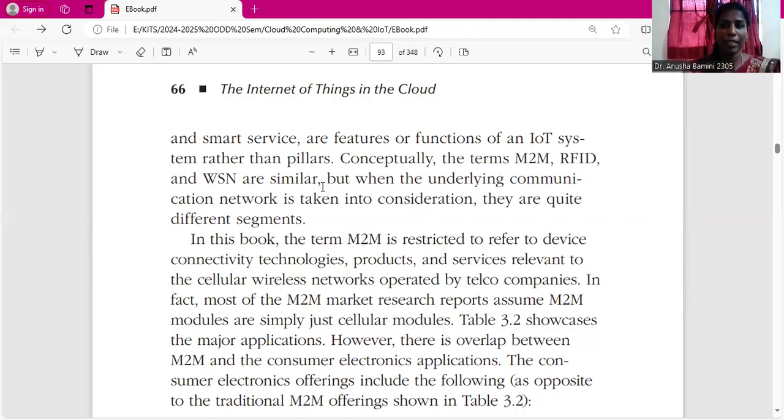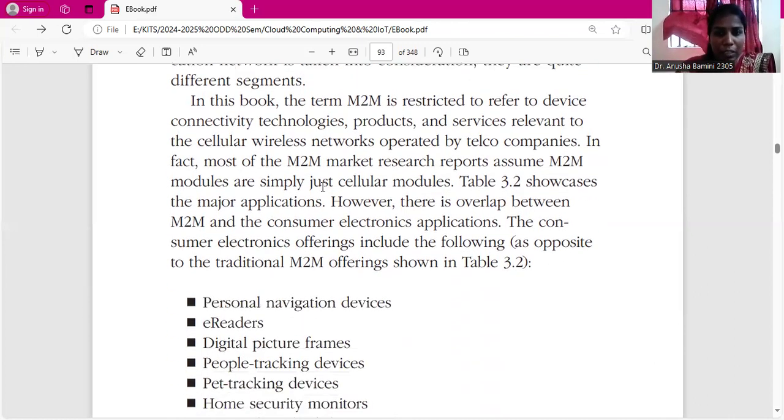All are managed by the fleet management technique. So this cargo-related ship management technique is called fleet management, and M2M plays a very major role in it.